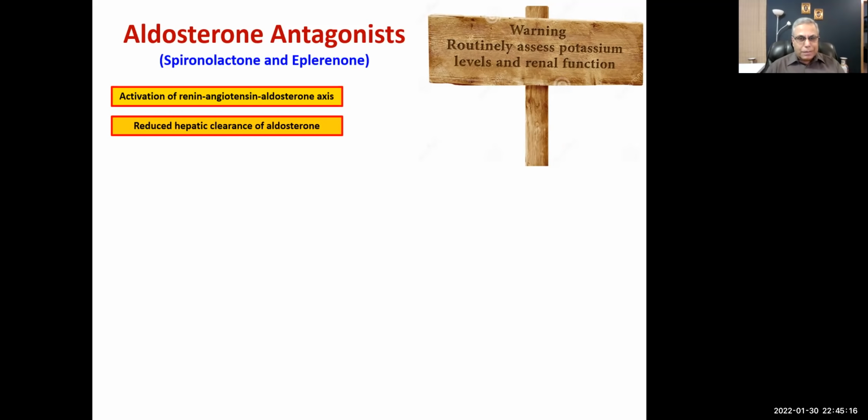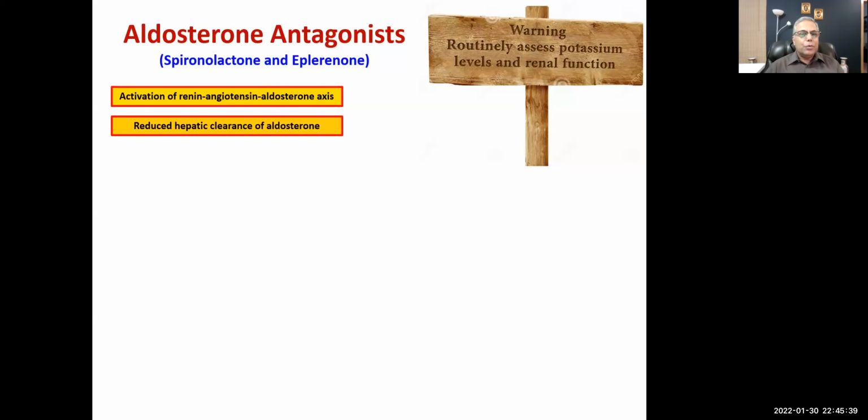The pressure falls in all tissues. And when the pressure falls in the kidneys, the granular cells are going to release renin. Renin will convert angiotensinogen to angiotensin 1. And angiotensin converting enzyme will convert angiotensin 1 to angiotensin 2.